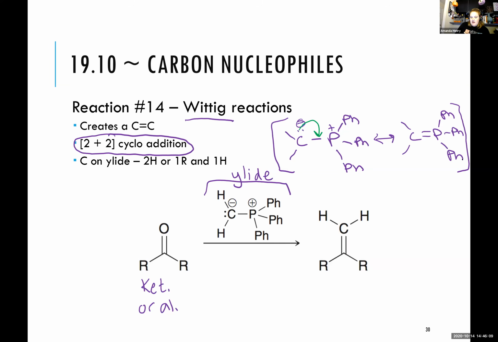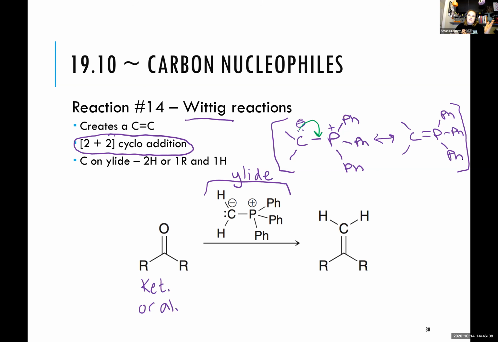The carbon with a negative charge, of course, is going to be a very good carbon nucleophile because it's negatively charged. So you might look at the one with the double bond and wonder, well, why isn't it drawn with the double bond? Wouldn't that make everybody more stable? It would be more stable, but phosphorus is in the next row down on the periodic table compared to carbon, oxygen, nitrogen, our normal atoms we're using.